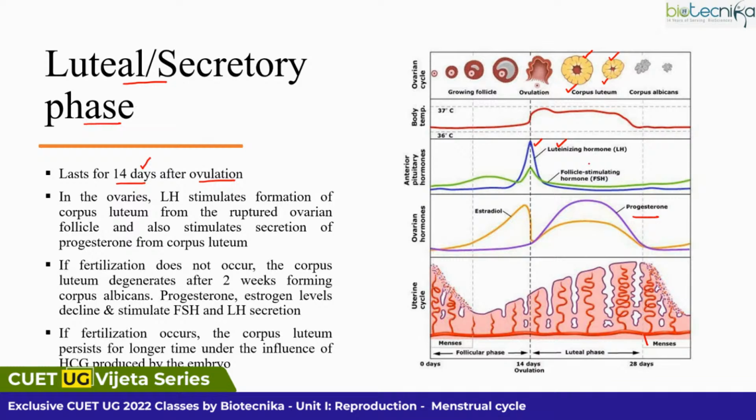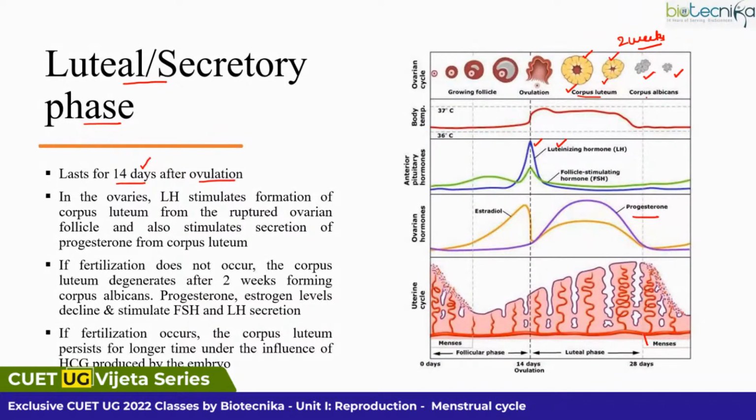Now, if fertilization does not occur, I told you this corpus luteum will degenerate after around 2 weeks. When it degenerates, you call it corpus albicans.